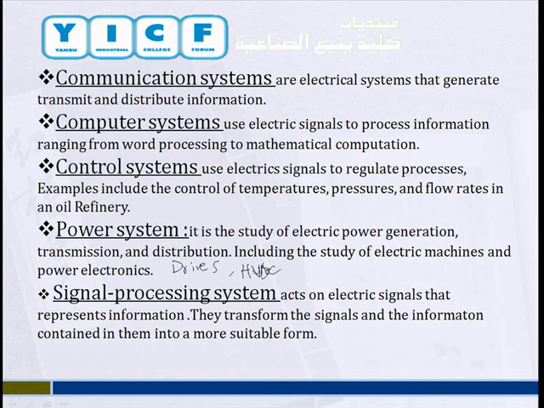We have the signal processing system. It acts on electric signals that represent information. They transform the signals and the information contained in them into a more suitable form. These are the basic definitions for each branch of electrical engineering.